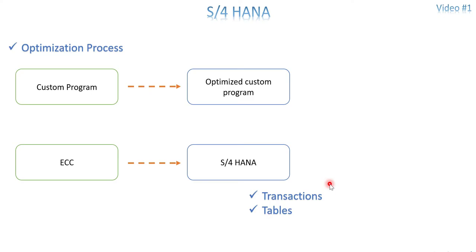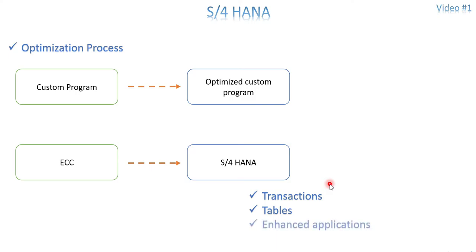So if you write any report, instead of writing a join between 2 or 3 tables, you'll get everything in one table. One bigger scenario I can say is they merged almost 26 tables into one table in S4HANA. That's the way they decreased the size and the data volume from the table perspective.